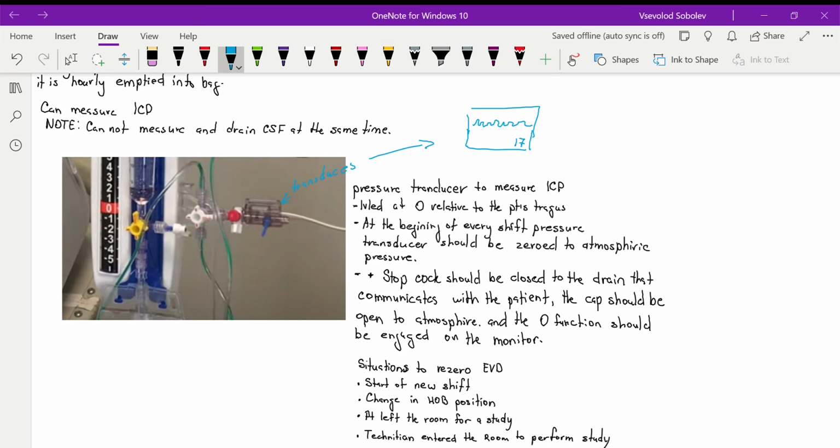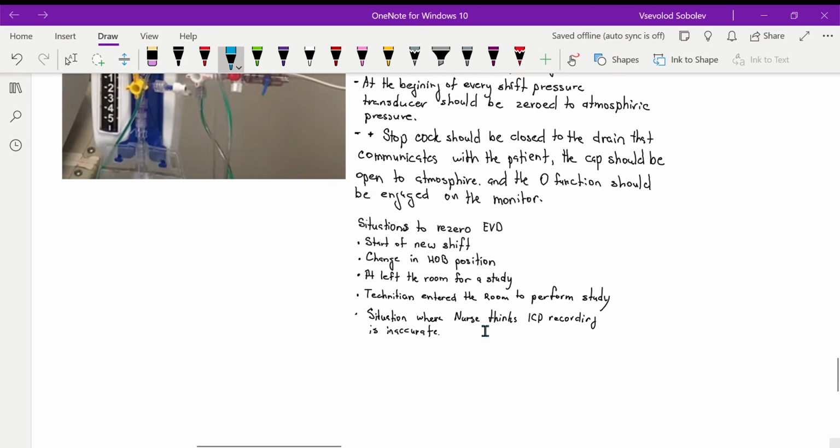Leveled at the zero relative to the patient's tragus. At the beginning of every shift, the pressure transducer should be zeroed to atmospheric pressure. The stopcock should be closed to the drain that communicates with the patient. The cap should be open to atmosphere and the zero function should be engaged on the monitor.